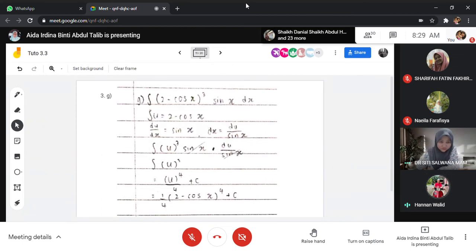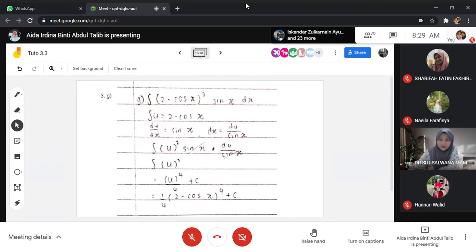And so integrate u kuasa 3 sin x du over sin x, and we can cancel the sin x and we can integrate just u kuasa 3 and integrate u kuasa 4 over 4 tambah c and substitute the value of u. So the final answer 1/4 dan kurungan 2 tolak cos x kuasa 4 tambah c.